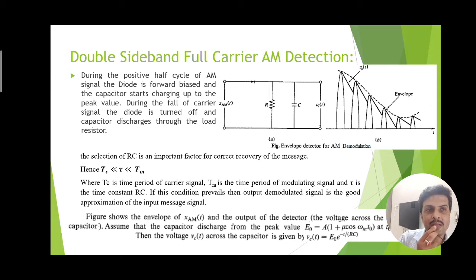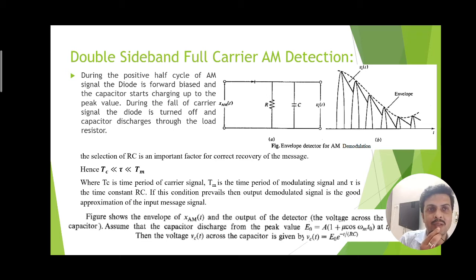The diode will be forward biased for the rising part of the signal, and when it reaches the peak value, the capacitor is charged up to the peak value. Thereafter, when the carrier signal falls, the capacitor voltage is higher compared to the input signal. Therefore, the diode is reverse biased.